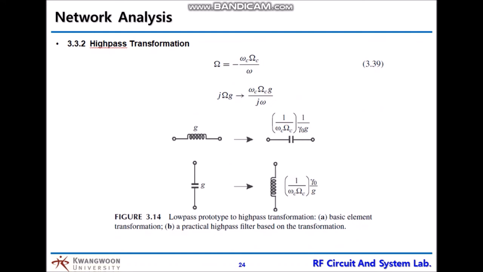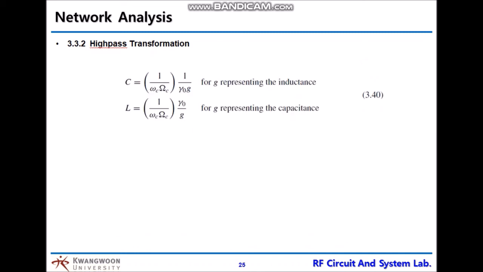For a high-pass filter with a cutoff frequency omega c on the omega axis, the frequency transformation is equation 3.39. It is then obvious that an inductive or capacitive element g in the low-pass prototype will be inversely transformed to a capacitive or inductive element in the high-pass filter.